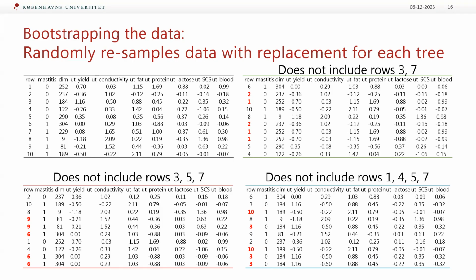And in R, you can even get this estimate. It's called out-of-bag error. And this out-of-bag error is actually not particularly useful for the way that we are using random forest in this course, because we are working with heavily skewed data where we have many more observations without mastitis than observations with mastitis. And then the out-of-bag error isn't as reliable and useful. But it's good to know that it is there nonetheless.